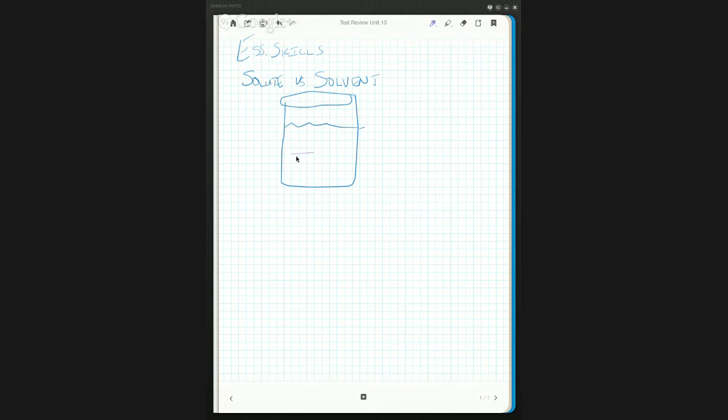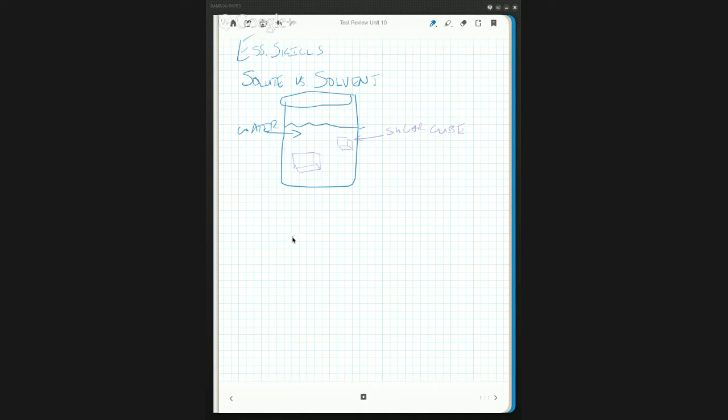Okay. And I am no artiste. Okay. So here's a sugar cube. Okay, and maybe there's a couple sugar cubes because that's the way we roll. Okay, so sugar cube and water.